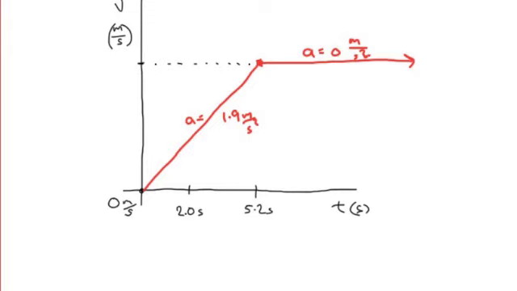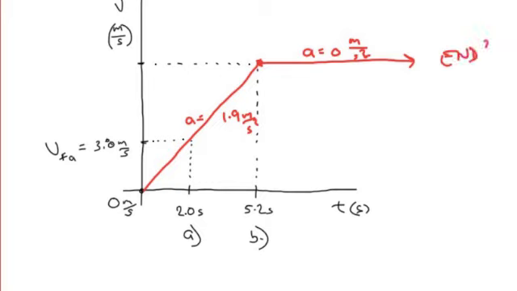So we found out in part A, by knowing our acceleration rate and knowing the time, and knowing that the initial velocity was 0, that our velocity at A is 3.8 meters per second. So this is velocity final A. And we did the same thing with part B. So this is A right here, that's B. Now the question asked us at the end of the race.